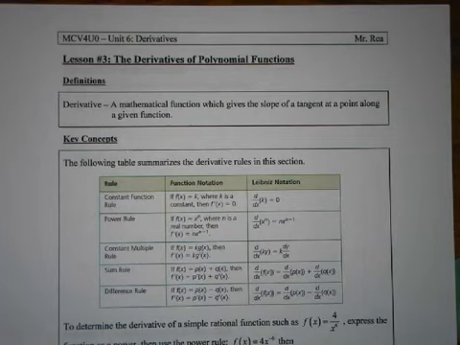Okay, so we're actually going to be looking at polynomials, and at the same time we're also going to look at radical functions, anything like a square root or cube root or fourth root. So any function that's got any kind of root or any kind of integer exponent. It could be multiple terms.